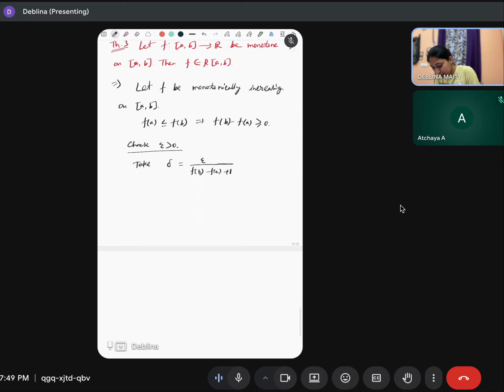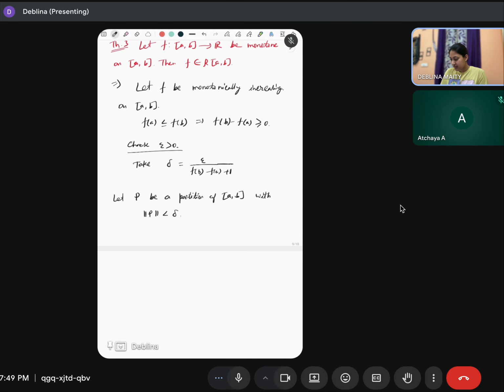Now let's take P a partition of [a, b] with norm of P less than delta.